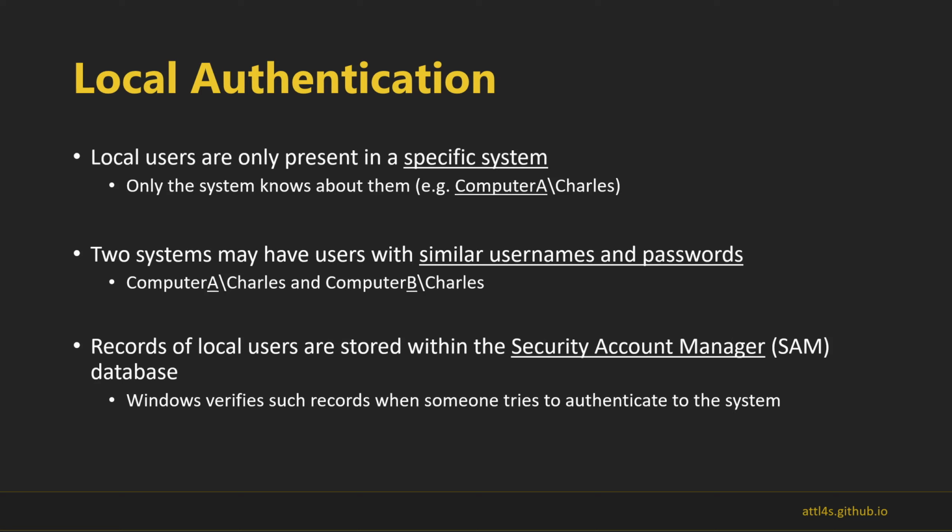So starting with local authentication. Local users are only present on specific systems, on a specific system. For example, if we have computer A and there is a local user called Charles, this user will only be present on computer A. There is only one computer A Charles in the world, let's say, because computer A Charles is only known by computer A. So it may happen that different systems have users with similar usernames and even the same passwords.